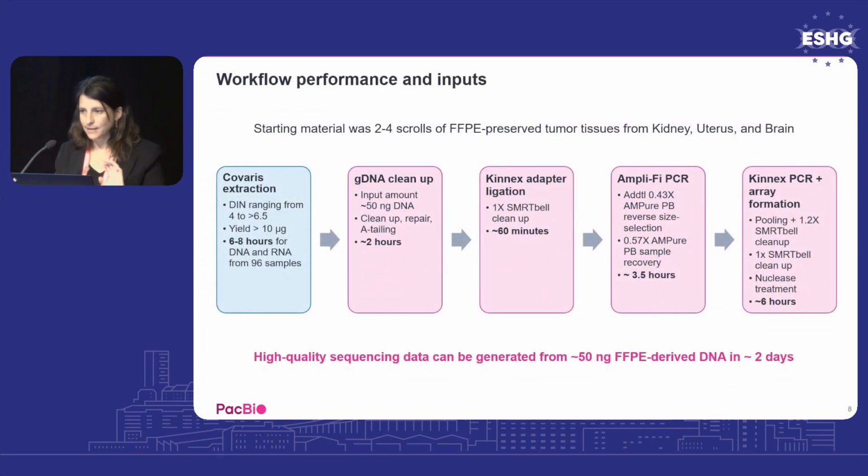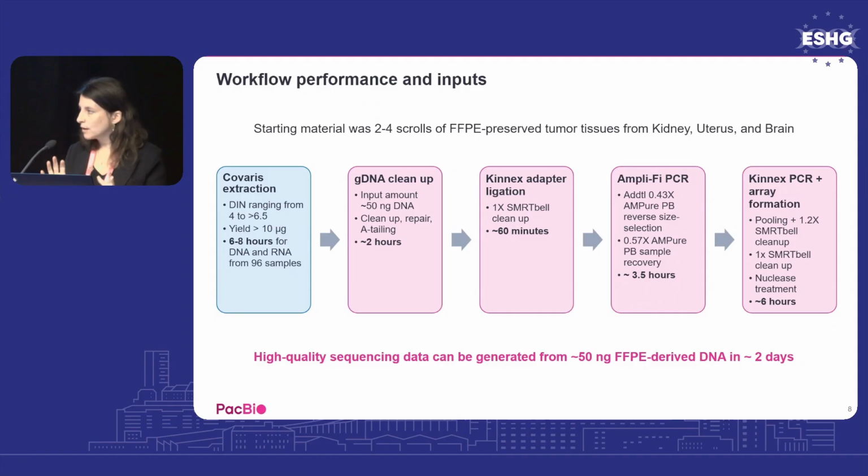So yeah, this is a quick look at the workflow, how it looks in the lab. For this study, we started with 2 to 4 FFPE tissue scrolls, and we had the chance to work with kidney, uterine, and brain tumoral tissue.